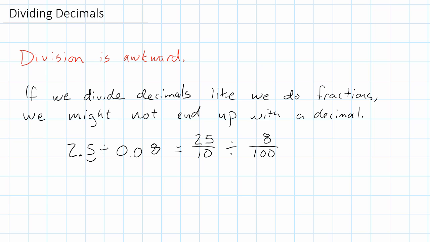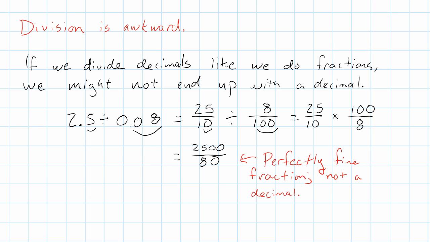Right, one digit after the decimal point, one 0 in the denominator. Two digits after the decimal point, two zeros in the denominator. Then we rewrite that as multiplication by the reciprocal, right? In the numerator, we'll have 25 times 100 is 2,500. In the denominator, we'll have 10 times 8 is 80.